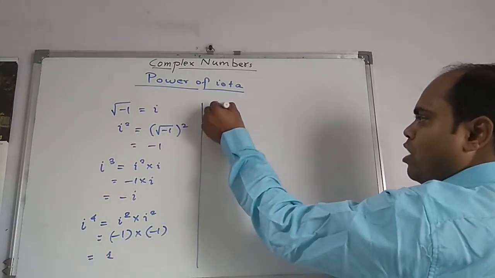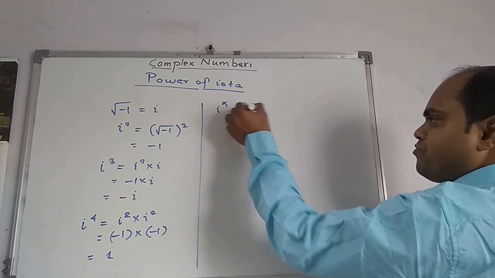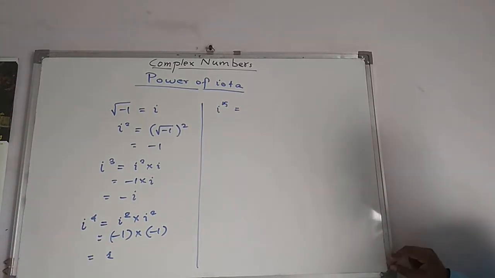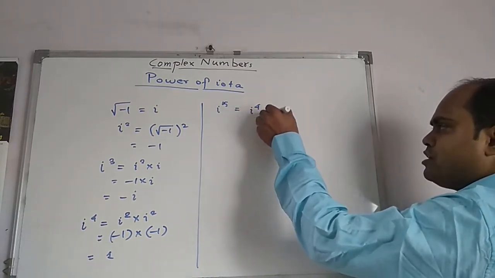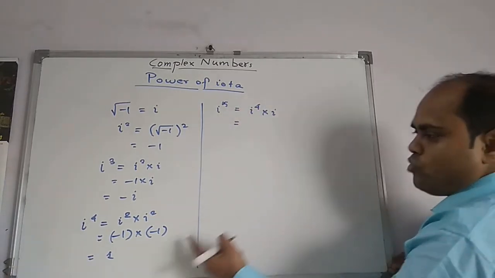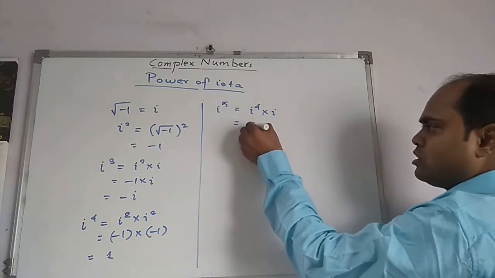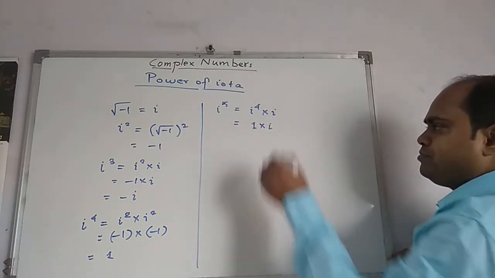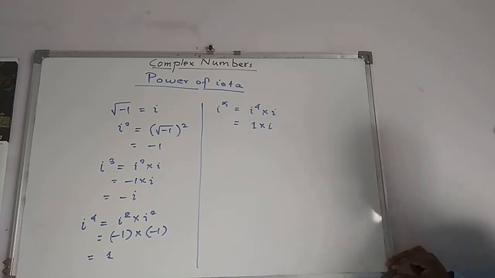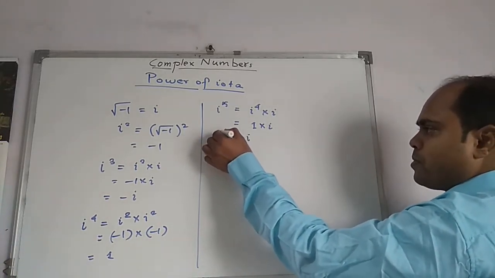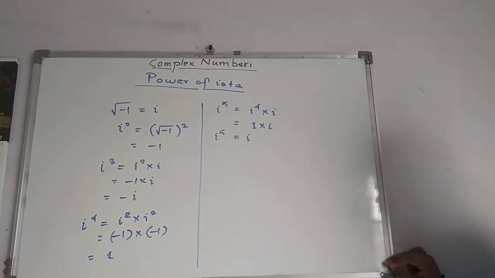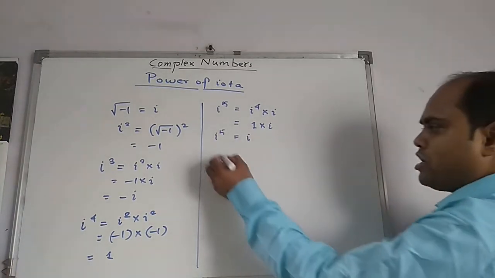Now let's see what is iota raised to 5. So we can write iota raised to 5 as iota raised to 4 multiplied by iota, and iota raised to 4 is what? 1 multiplied by iota. So we have iota. Okay. Now let's see iota raised to 6 is what?